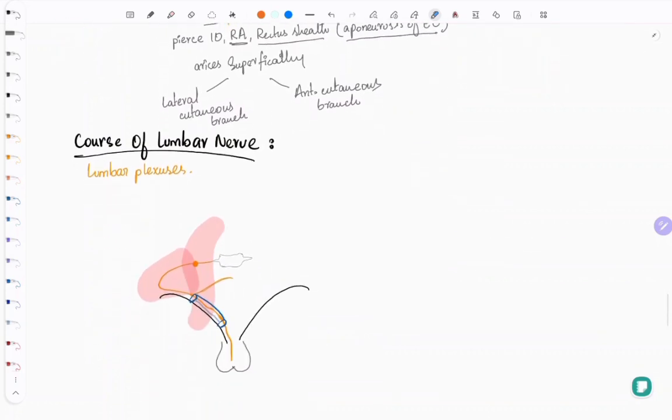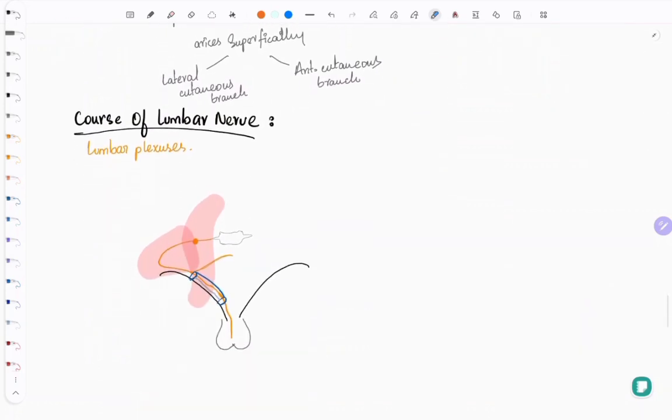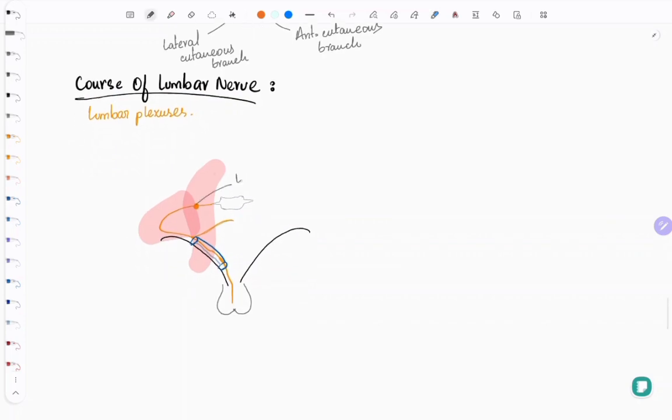Now let's look at the course of the first lumbar nerve. The first lumbar nerve arises from the lumbar plexus. This is our lumbar plexus, the psoas major muscle, and the quadratus lumborum muscle.